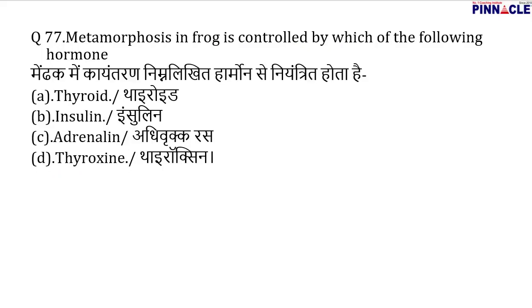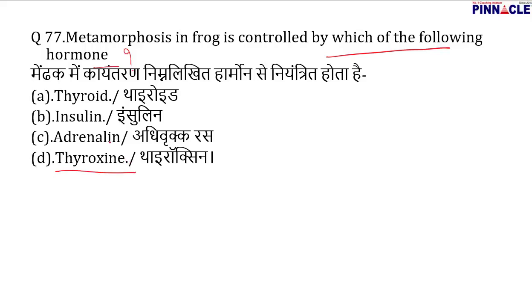Question number 77 states: metamorphosis in frog is controlled by which of the following hormones? Metamorphosis is the process by which tadpoles get converted into adult frogs by undergoing significant changes. It is controlled by the hormone thyroxine, which is secreted by the thyroid gland.